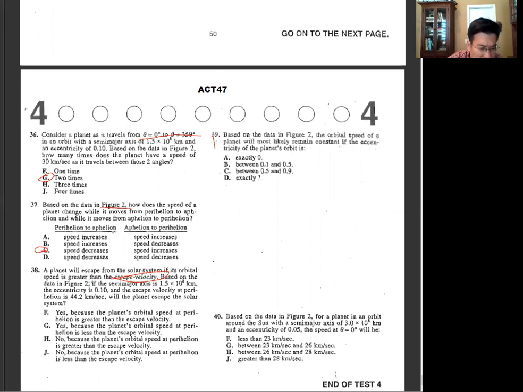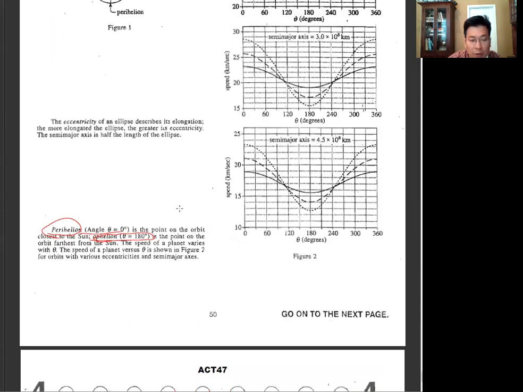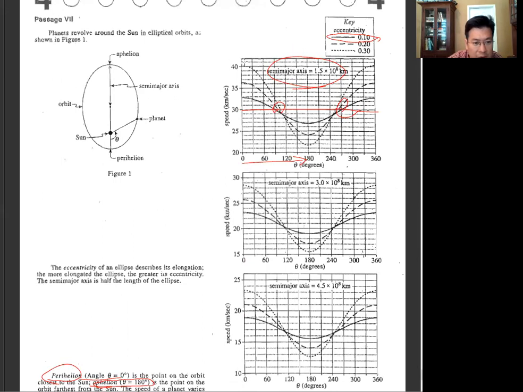And then the planet will escape from the solar system if orbital speed is greater than escape velocity. Based on the data in figure 2, axis 1.5, which is the top one, eccentricity is 0.1, also solid line. Velocity is 44.2, each tick mark is 1. So 44 is right here.